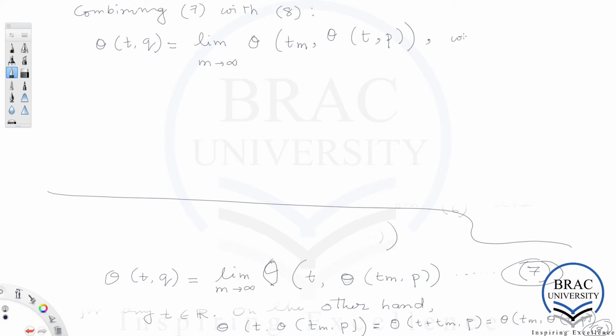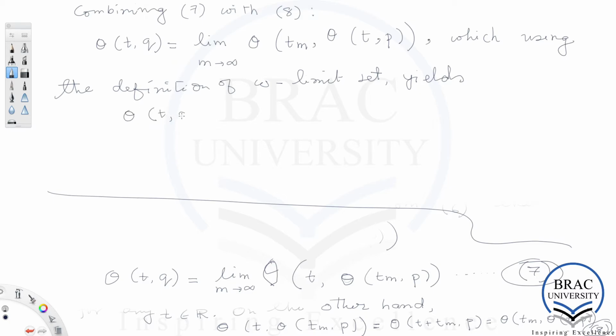Which, using the definition of omega limit set, yields that theta t comma q belongs to the omega limit set of the orbit of theta t comma p, for any t in R. This is our equation number 9.